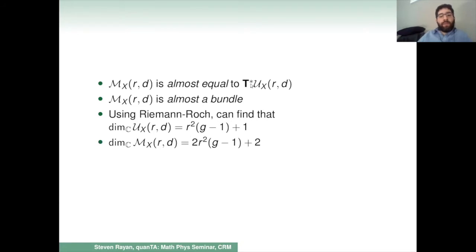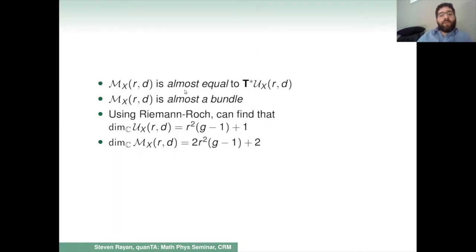And then because of this open dense containment, we simply double this, and now we have the complex dimension of the moduli space of Higgs bundles, or if you like, the Hitchin system. And as a real number, this is divisible by 4, which is a very important fact, and that will come back later in our discussion.